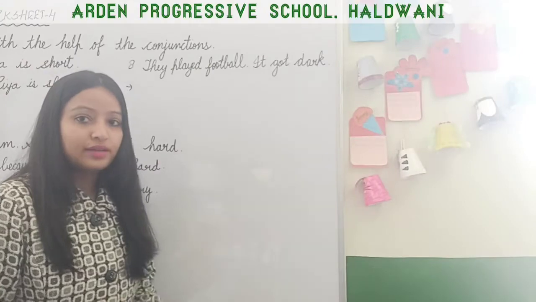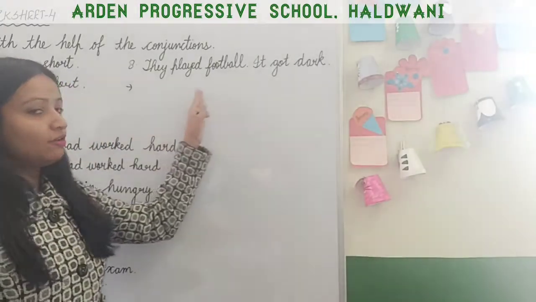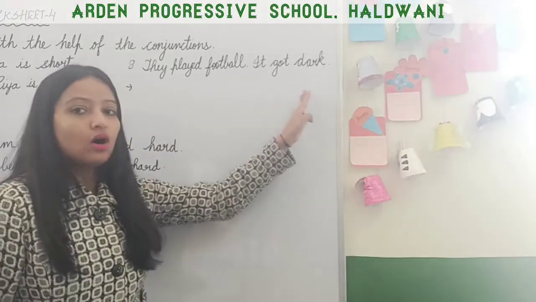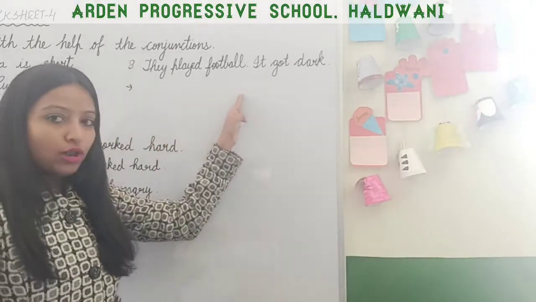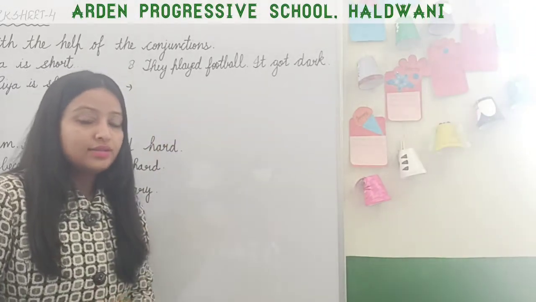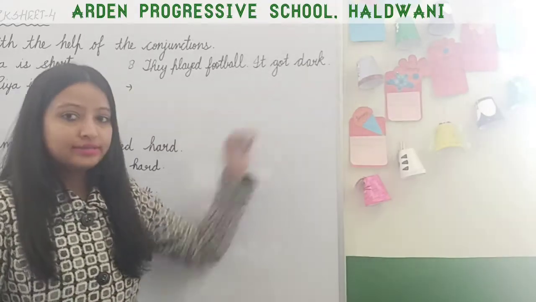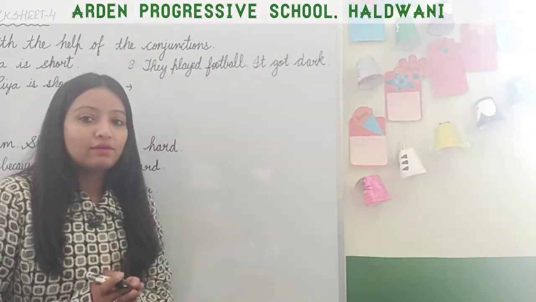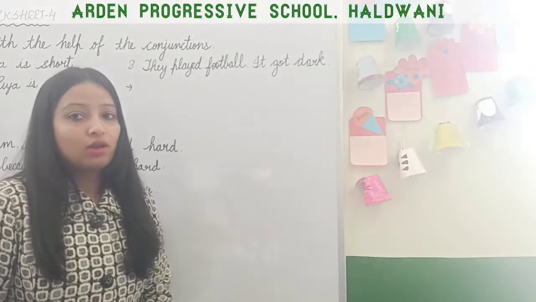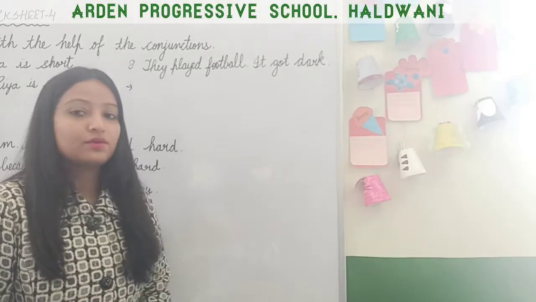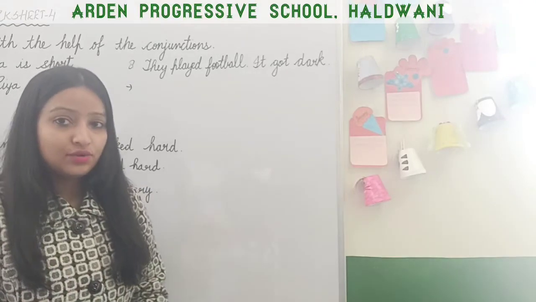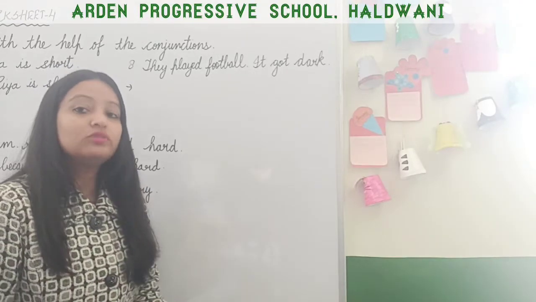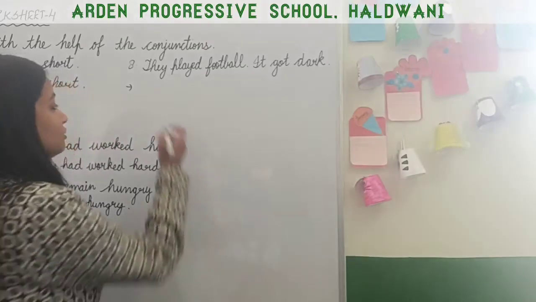So now the next is: they played football, it got dark. They played football up to the time it got dark. Whenever we are involving time but we don't have the exact duration, then we use until.